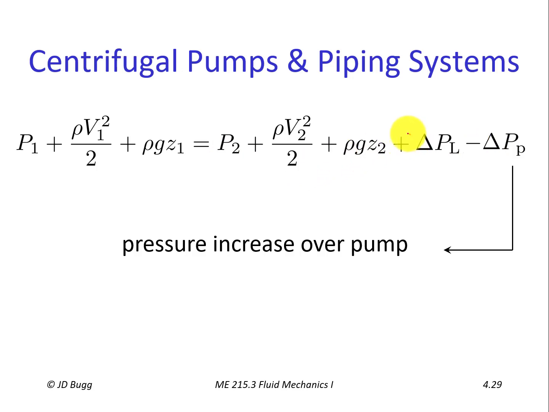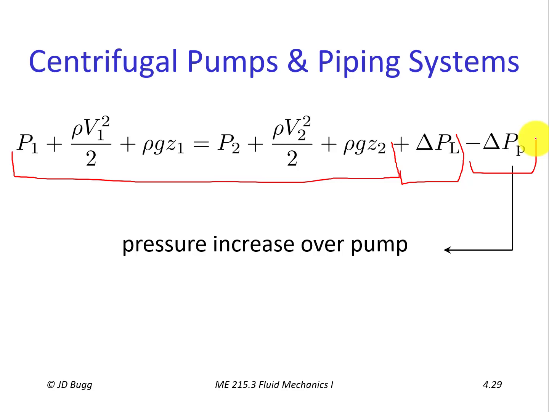Remember that losses, frictional losses, are added to the right-hand side because the sum of these three terms is decreasing. So we need our pressure loss term to maintain the equality here. Well, by the same token, an energy input into the system would be subtracted from the right-hand side. So this is now Bernoulli's equation with losses and with a pump added in.